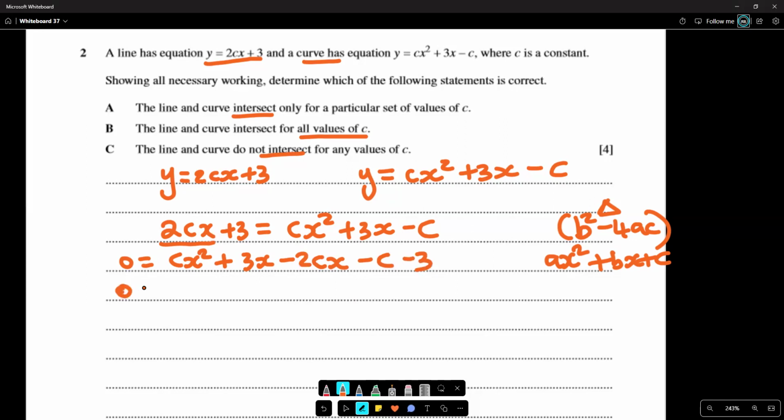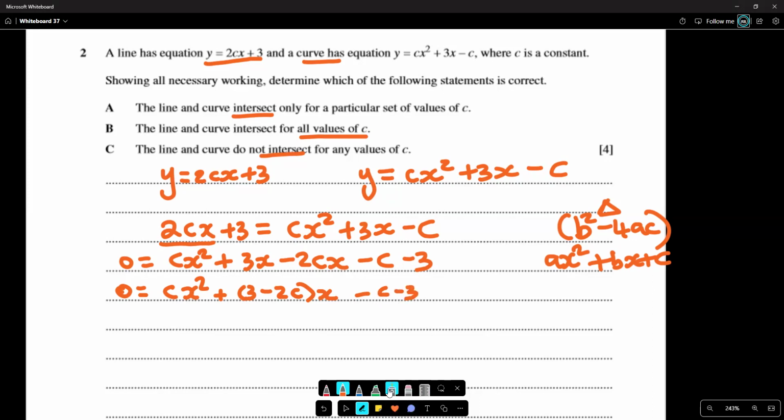So now we can easily see that, okay, cx squared. Here I'm going to take x out. So we're going to be left with plus (3 minus 2c)x, right? Then minus c minus 3.